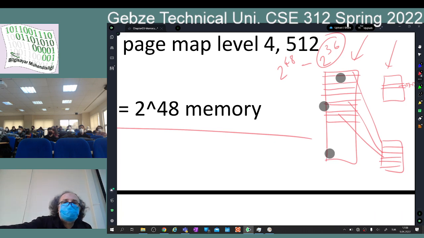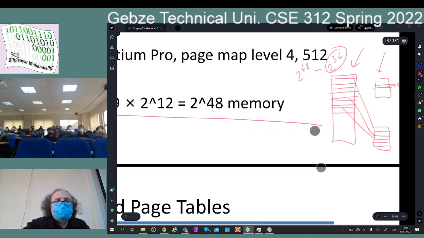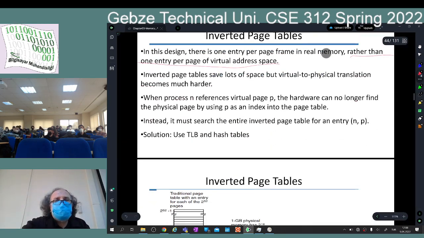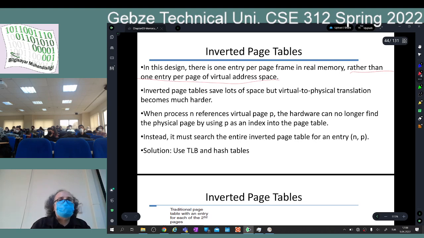Up to this point, all the page tables that I have drawn include one entry per virtual page, but in my physical memory, there are a much smaller number of page frames. So this inverted page table says that, okay, I am going to keep one entry per page frame in real memory, okay, and so I save lots of space.